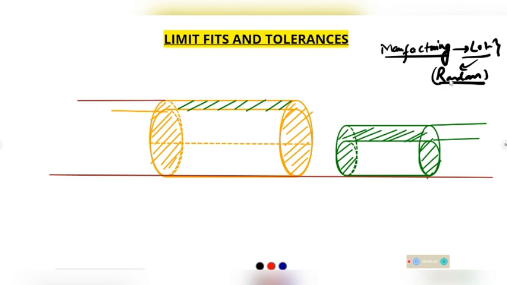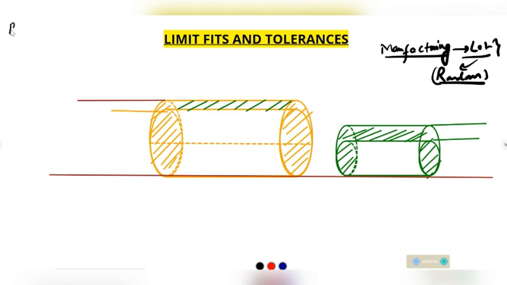That product should be within some tolerance so as to maintain the interchangeability of the assembly being used for that product. This is the reason why we study limit fits and tolerance, and there is always some tolerance within which products are produced in the manufacturing process.